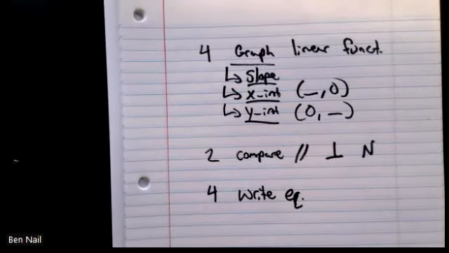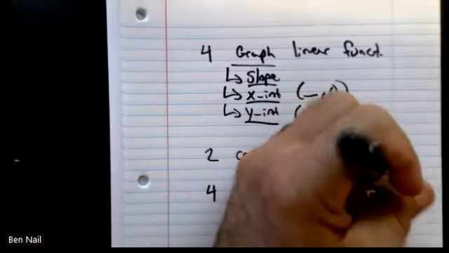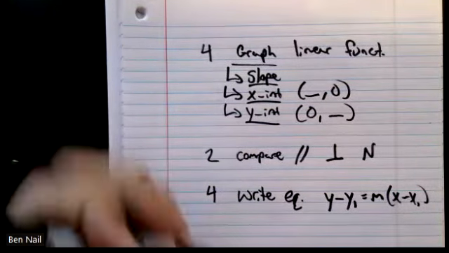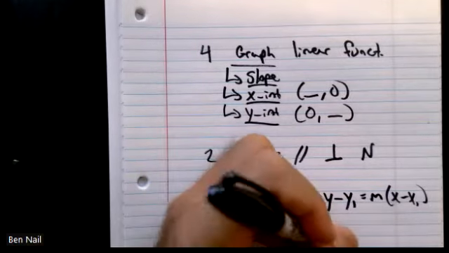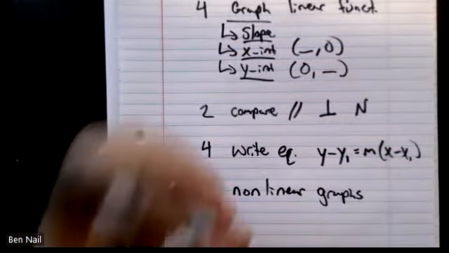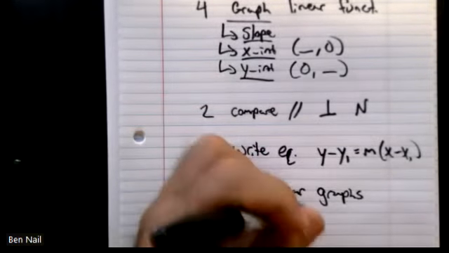So if I give you 2 coordinates, or slope and a coordinate, or a coordinate and some parallel line, whatever, you need to be able to write the equation. So you're going to need to know that point slope formula. And there are going to be 2 nonlinear graphs. I would focus on quadratics, that parabola.